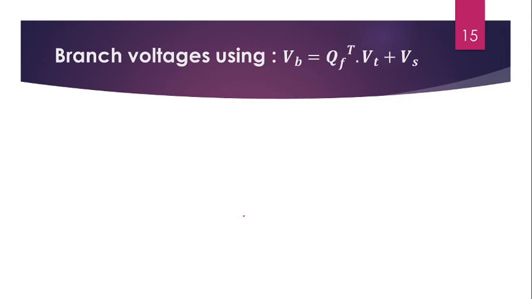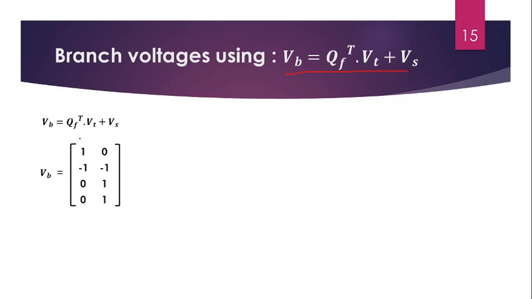So whatever the assumed directions for that branch orientations we have taken, at last your answer will make it correct. So as here we find the twig voltages, from the twig voltage we can simply find the branch voltages using this relation, vb equals Q transpose into vt plus vs. So vs is 0, so just do the multiplication, first row into this column.